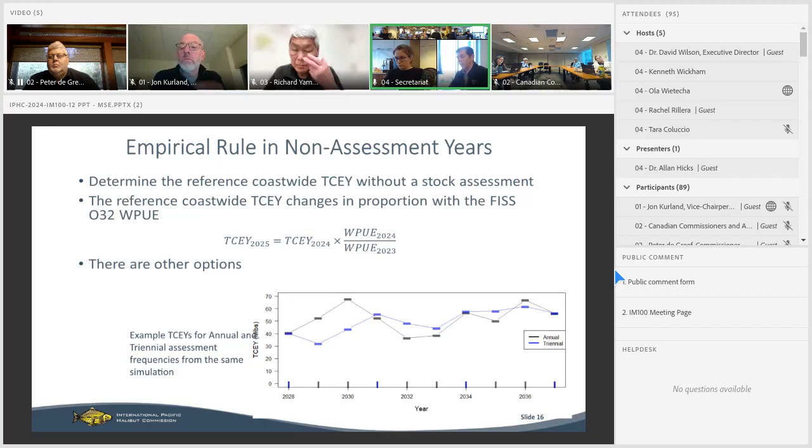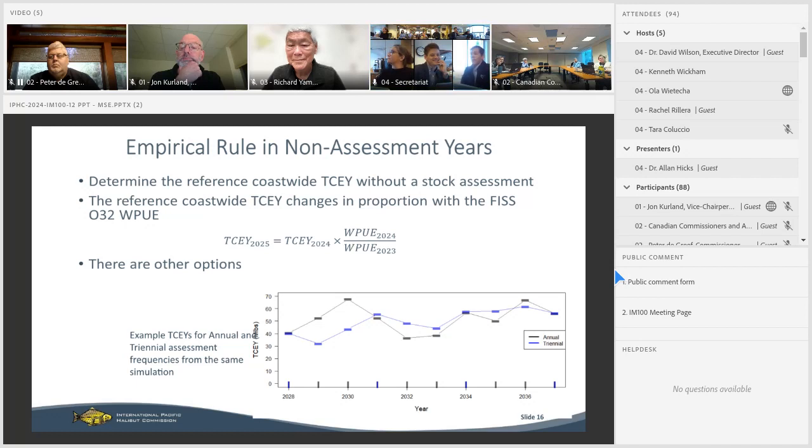So when Dr. Webster and Dr. Stewart present the coast-wide FIS 032 WPE and say it declined by 9%, that means the reference TCY for next year would also be 9% lower than it was the previous year. And I always like to put an equation in my presentation. So there's the equation for everybody.